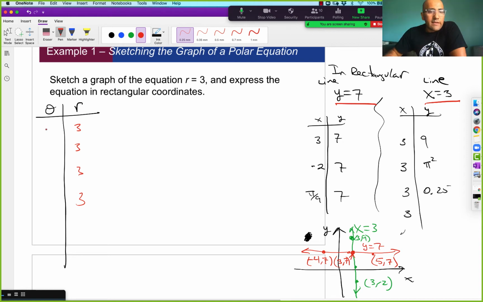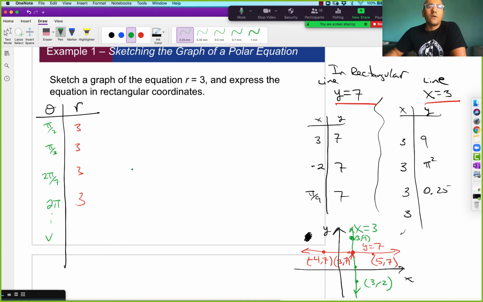The theta value could be any angle. So maybe it's pi over 2, or maybe it's pi over 3, or maybe 2 pi over 7, or whatever. It could be any and all angles. So no matter what angle you choose, we always get a value of 3.